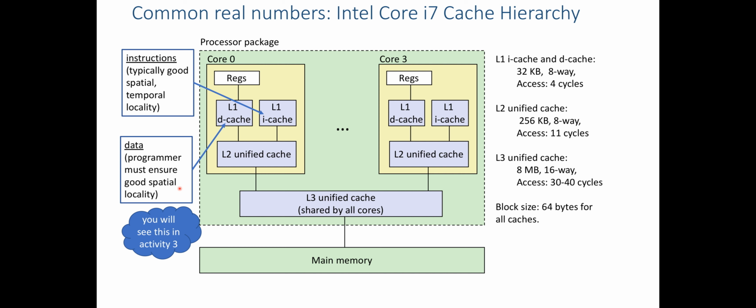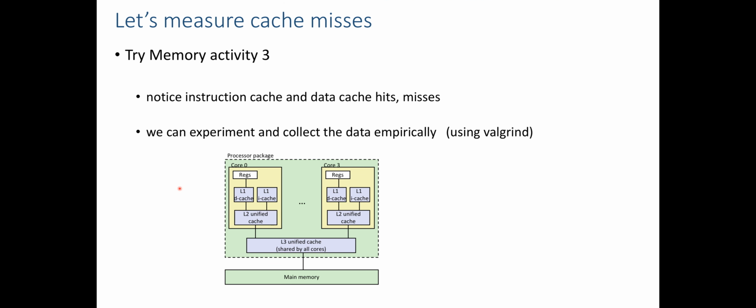This is a tool that programmers will sometimes use to profile their code to see how well it's working. I want you to go ahead and try the last activity in the memory activities, and you'll be able to notice the instruction cache and data hits and misses. You're going to empirically collect the data using this Valgrind program, and it's going to report it for data and instruction cache.